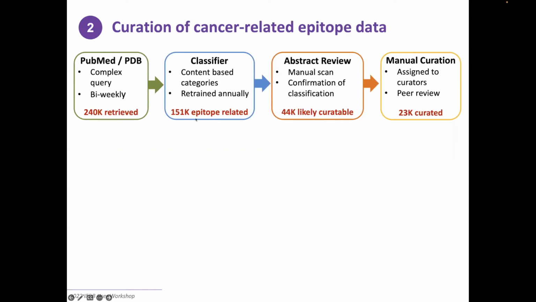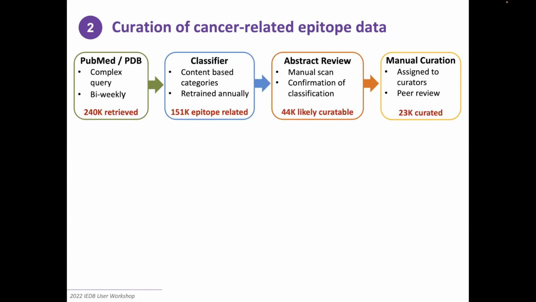And then an automatic classifier further refines this PubMed query and also puts the potentially curatable papers in different bins related to their topic: allergy, infectious disease, cancer, or transplantation.